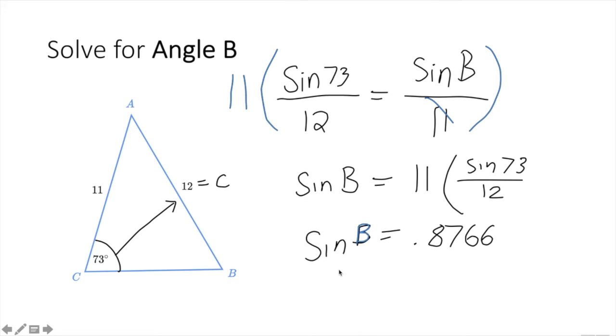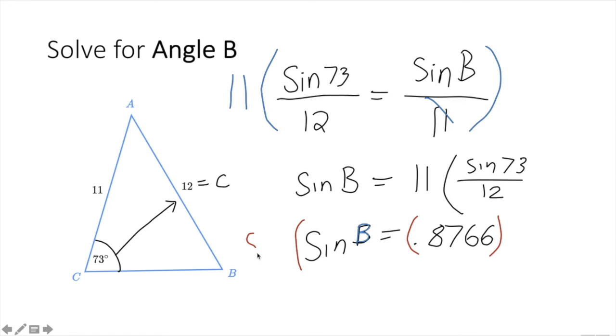And so there's got to be a way that we can work this out and detach this sine from the b that we're trying to solve for, and there is a way. What we've got to do is take the inverse sine of both sides.